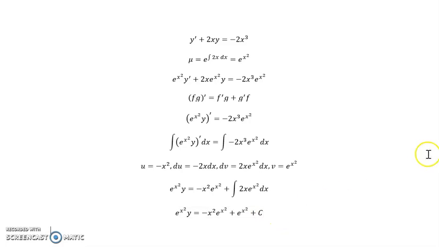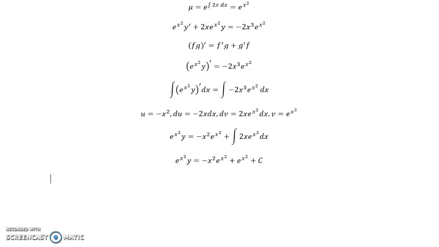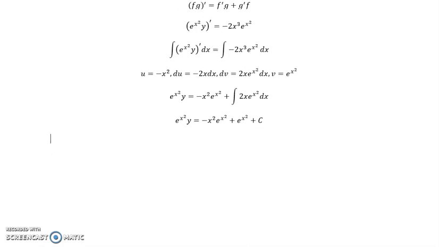Okay, so now that we're at this point, we need to solve for y. And so in order to solve for y, we divide everything by e to the x squared, or multiply by e to the negative x squared, either way. And so we're going to get y equals, now here if we divide by e to the x squared, the e to the x squared cancels.